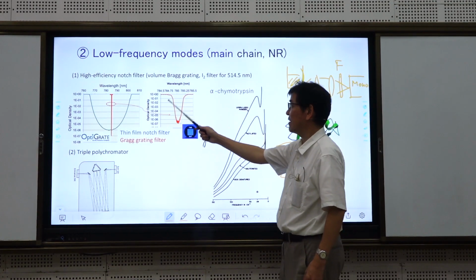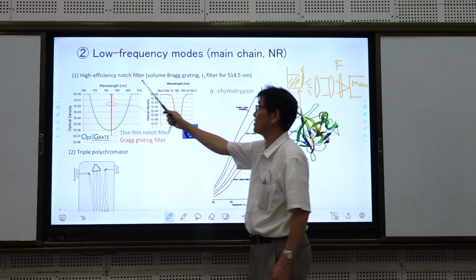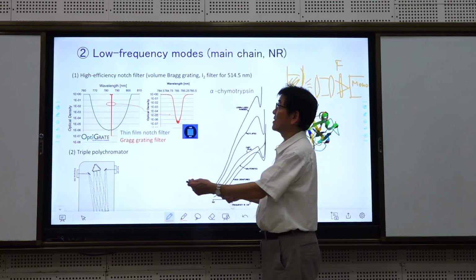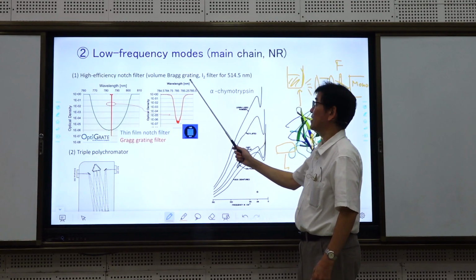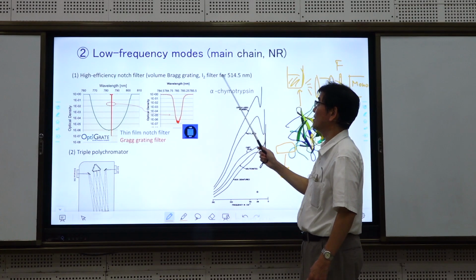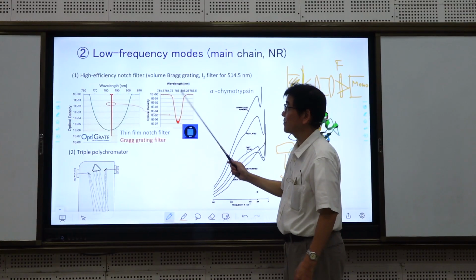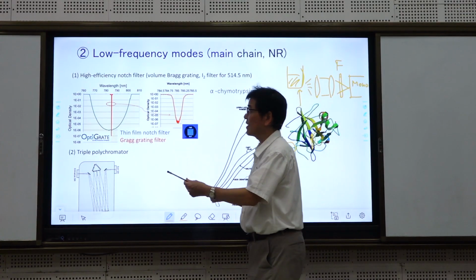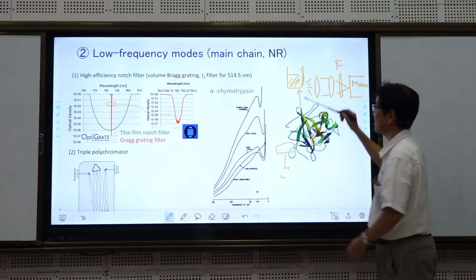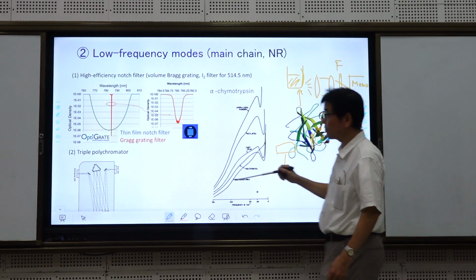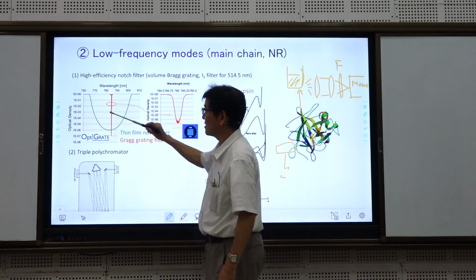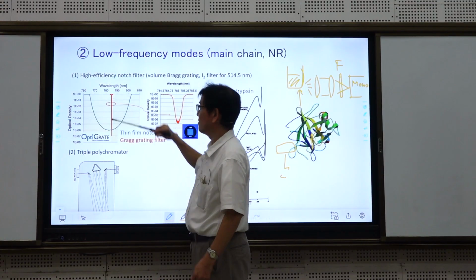When we choose a special Rayleigh cut filter, a notch filter, such as a volume Bragg grating or I2 filter, then we can cut only the excitation beam. Here is an example.